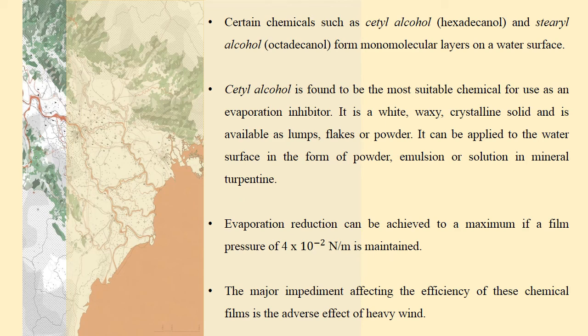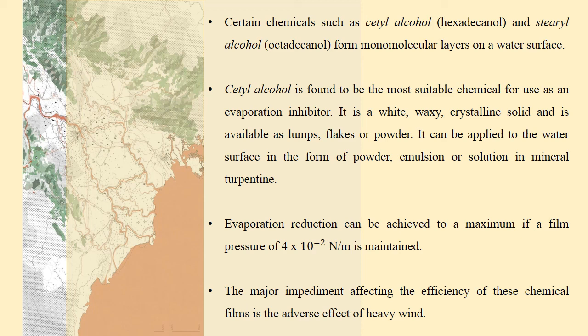Certain chemicals, such as cetyl alcohol and stearyl alcohol, form monomolecular layers on a water surface. Cetyl alcohol is found to be the most suitable chemical for use as an evaporation inhibitor. It is a white, waxy crystalline solid and is available as lumps, flakes, or powder.